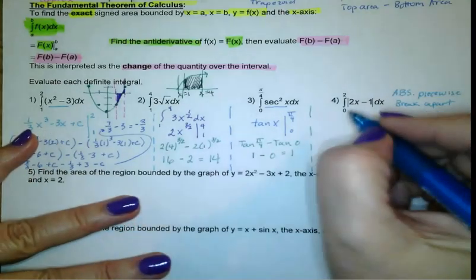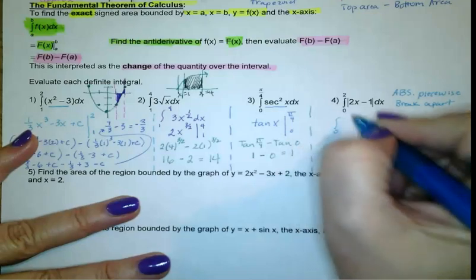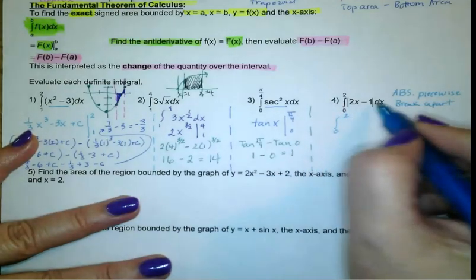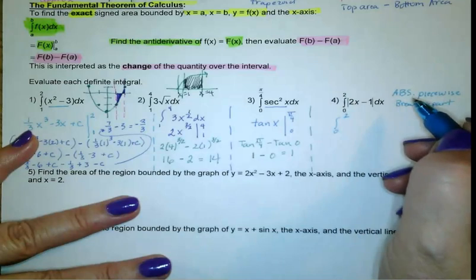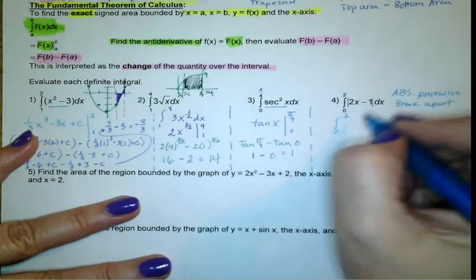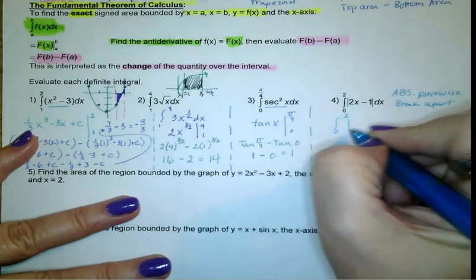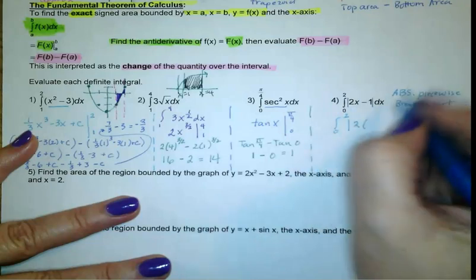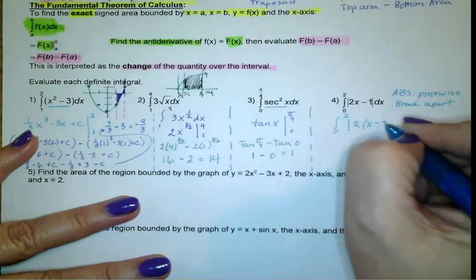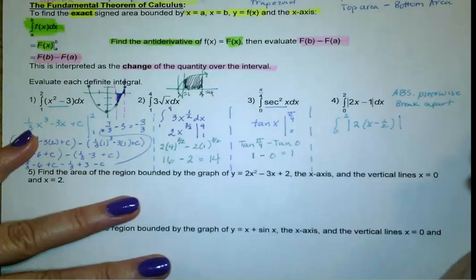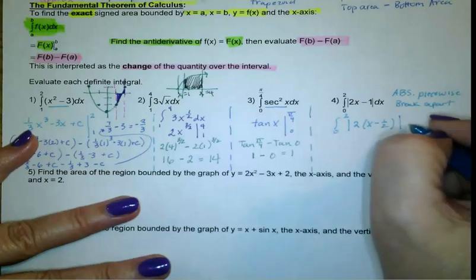So in order to be able to graph this from 0 to 2, I need to isolate my b value inside. So that's going to be the absolute value of 2, I factored out a 2, and I have x minus 1/2 there, and dx.